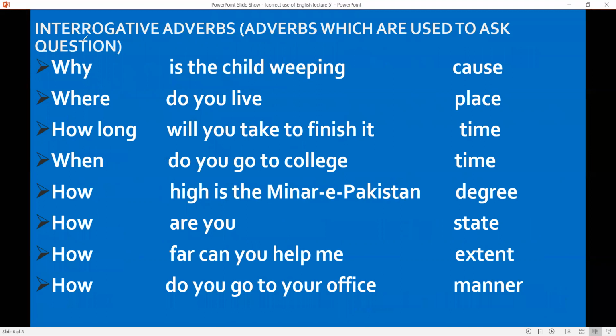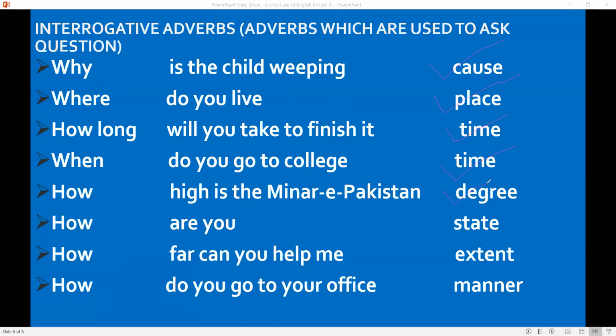Now, these are the interrogative adverbs. Adverbs which are used to ask questions. See the difference. Why is the child weeping? Someone wants to know the cause of his weeping. Where do you live? Someone wants to know the place where you live. How long will you take to finish it? Someone wants to know the time. When do you go to college? College timing, someone wants to know. How high is the Minar-e-Pakistan?